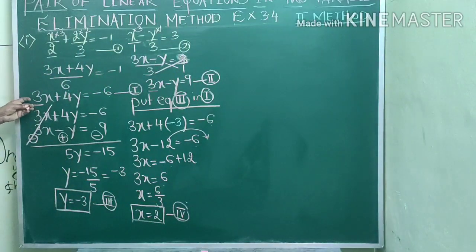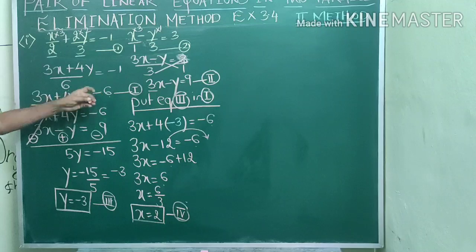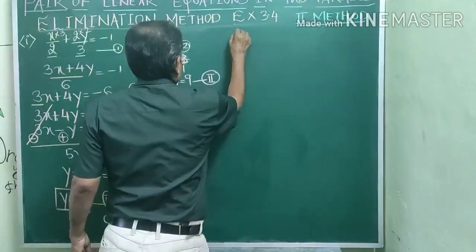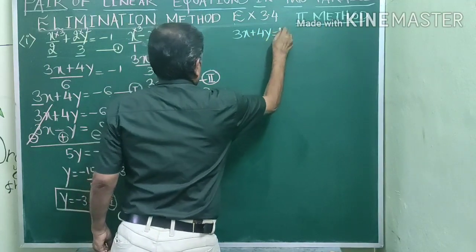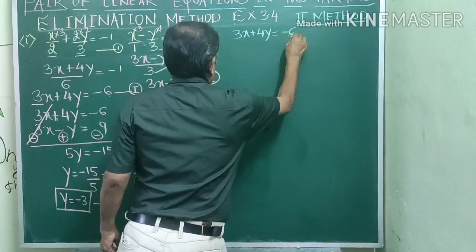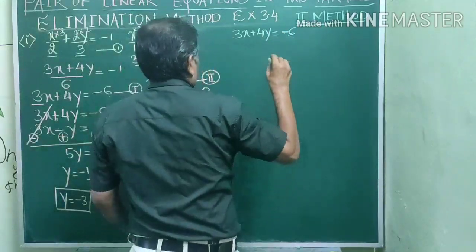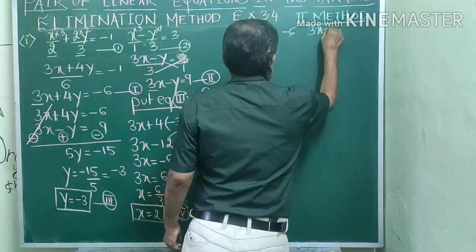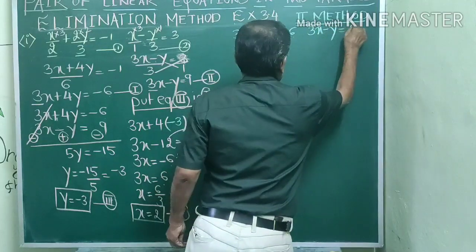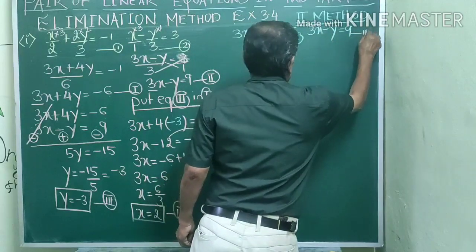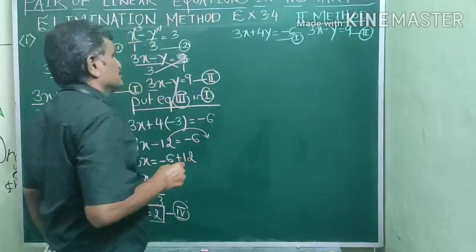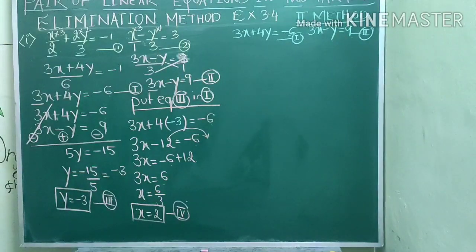See, the first equation says 3x plus 4y is equal to minus 6. And then 3x minus y is equal to 9. This is the first equation, and this is the second equation. Children, now my target is, in the first method I eliminated x.